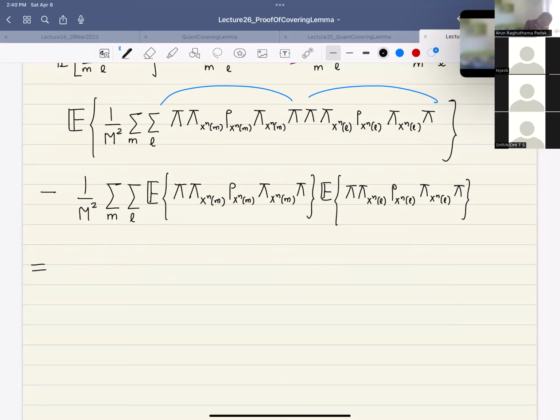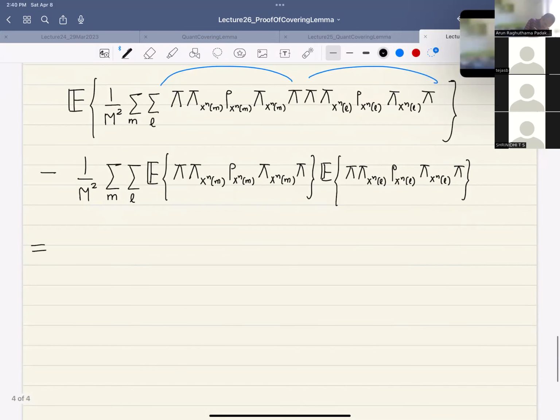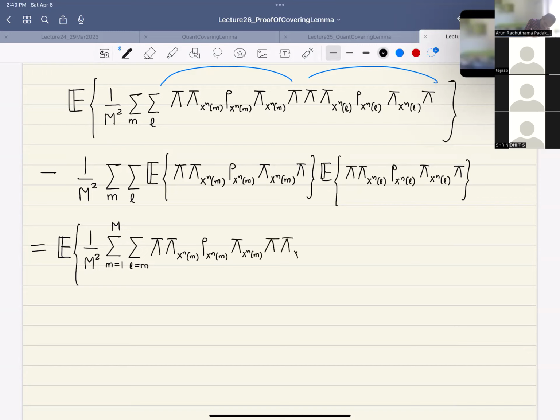Okay. So now there are 2 cases, right? Look at the first term. Can I say the first term is expected value of 1 by m squared, the case when m is equal to L, m equal to 1 through capital M, and here L is equal to M. So I'm just writing it because it's superfluous. It is like this: pi xn of m, rho xn of m, pi xn of m, pi xn of m.